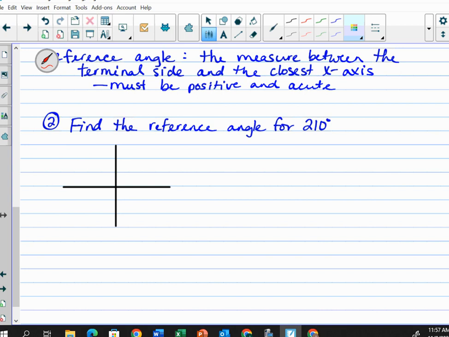When you're finding a reference angle, you either want to just make a little sketch of the angle that's given to you or visualize it in your head. Where is 210 degrees? Like, where's the terminal side of that angle?